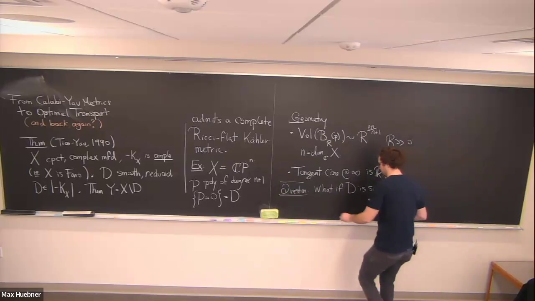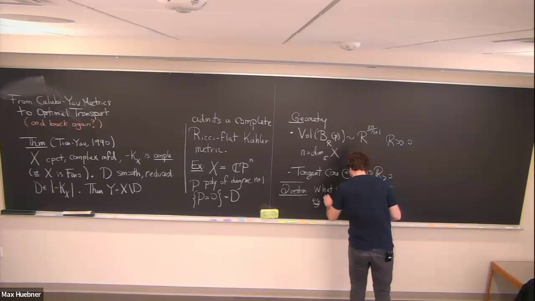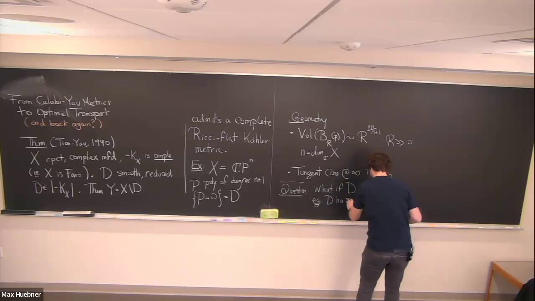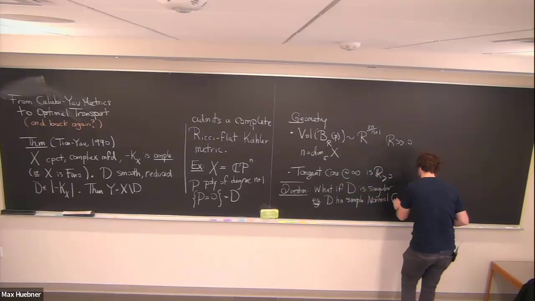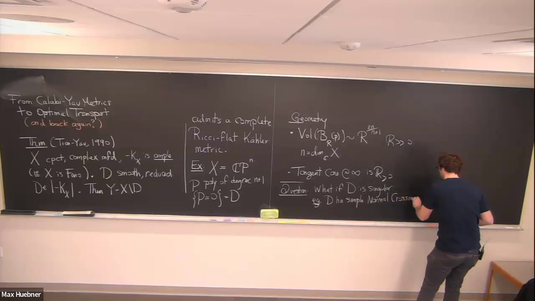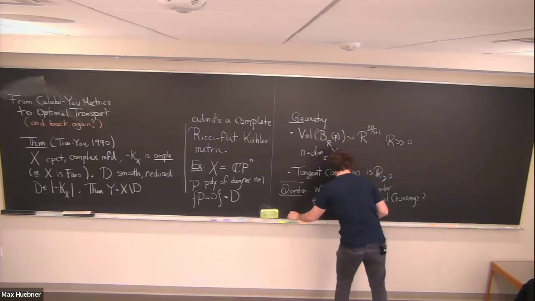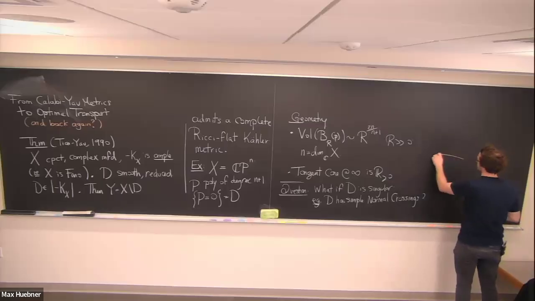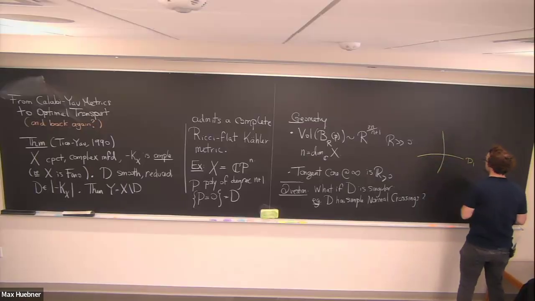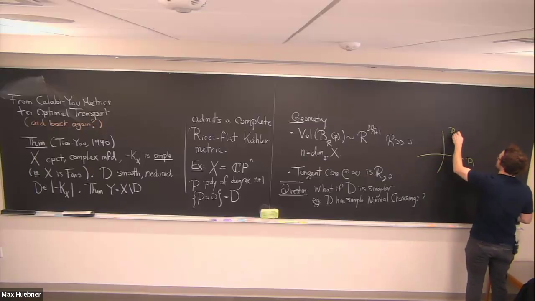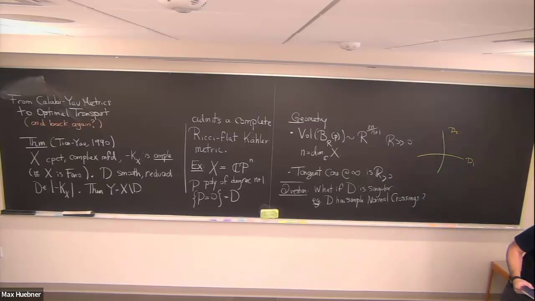So maybe the first case to try to understand is when D has simple normal crossings. What does it mean to be simple normal crossings? It means you have maybe two smooth divisors, D1 and D2, and they intersect transversely. So something like this. And D is the union of these two.